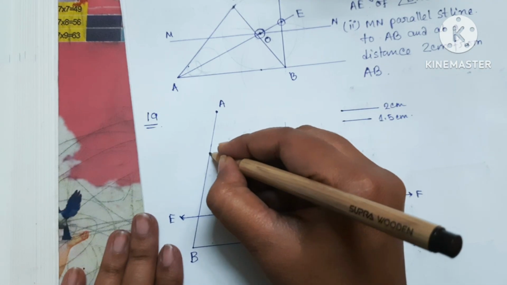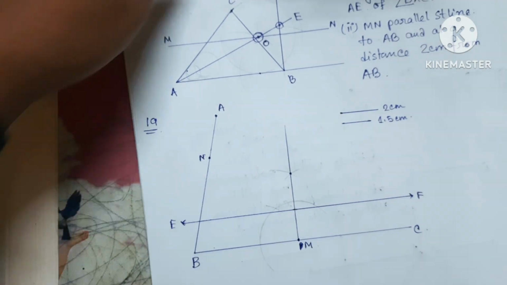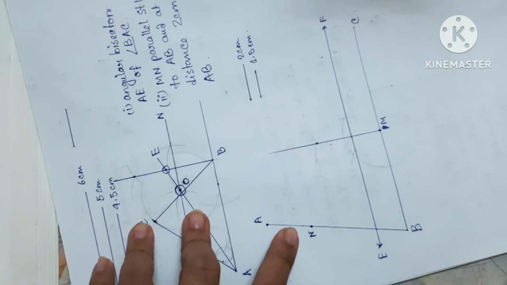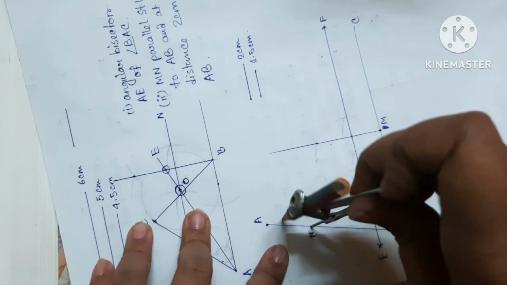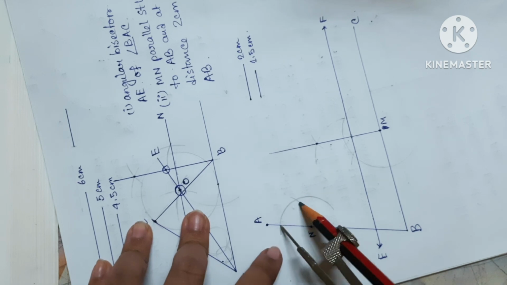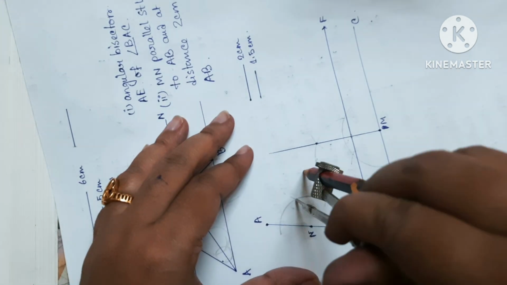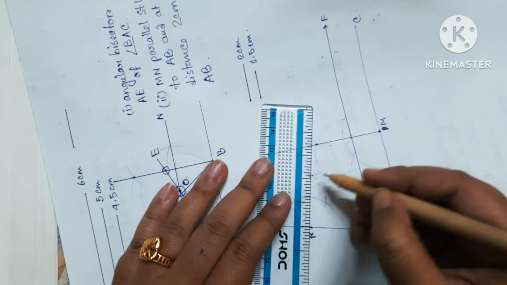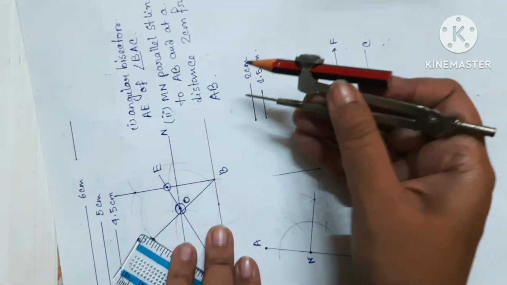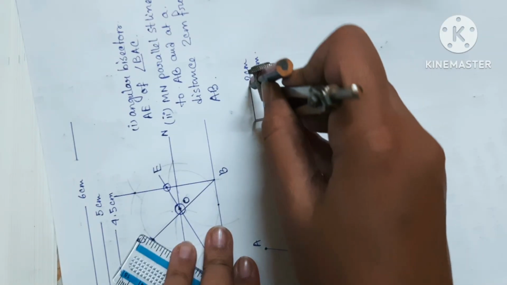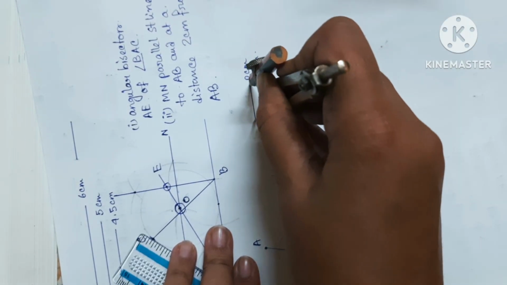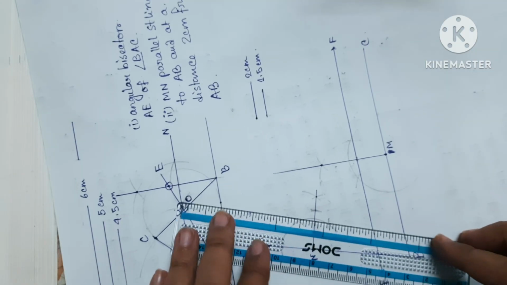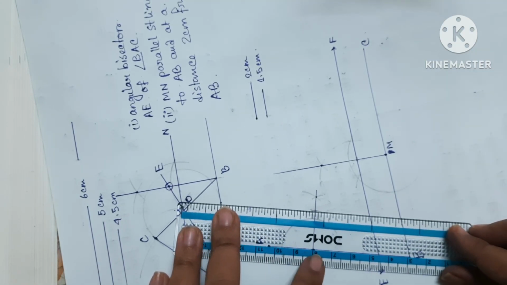Now, suppose this is a point N. I'm going to draw a perpendicular at point N so that we can draw a parallel line to AB. Now you can take this distance, 2 centimeter, and draw a line parallel to this.